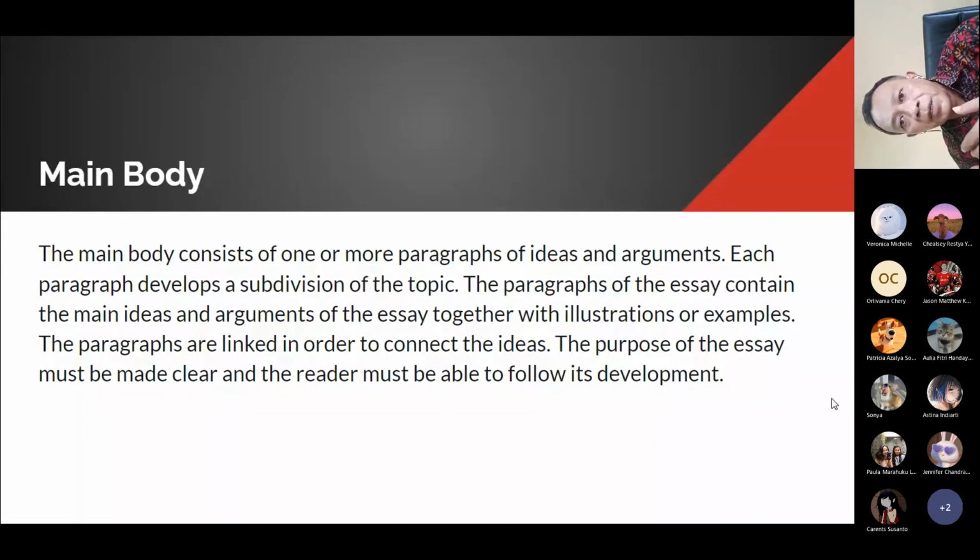So you need to explain what the evidence is, and then you must give comments about the evidence you get from authors. And later, before you end the paragraph, give the summary, give a concluding statement that represents the whole paragraph. Okay, that's called body.